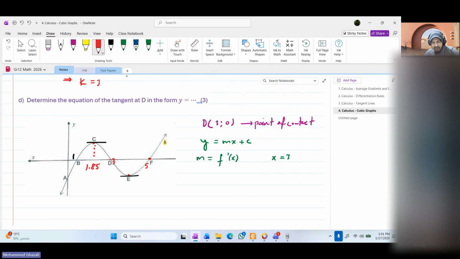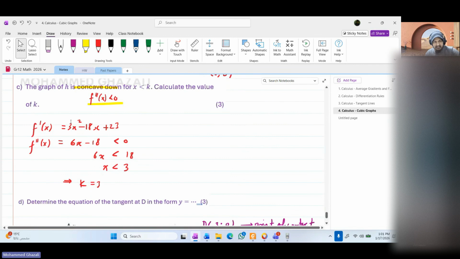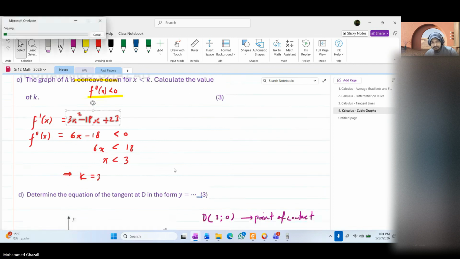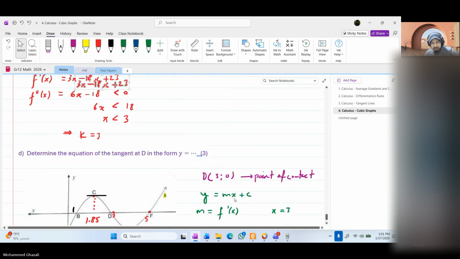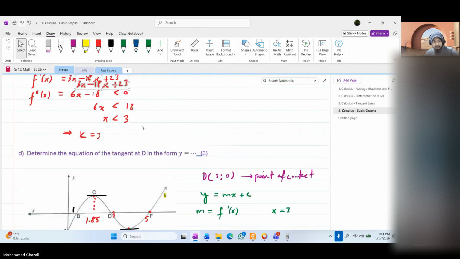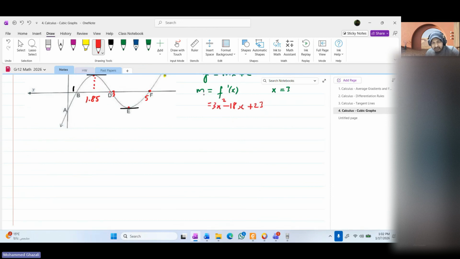F prime x we already know is 3x squared minus 18x plus 23. Now, to find the gradient, we got to substitute the value of 3 inside here, into f prime 3. So substitute 3 inside here.